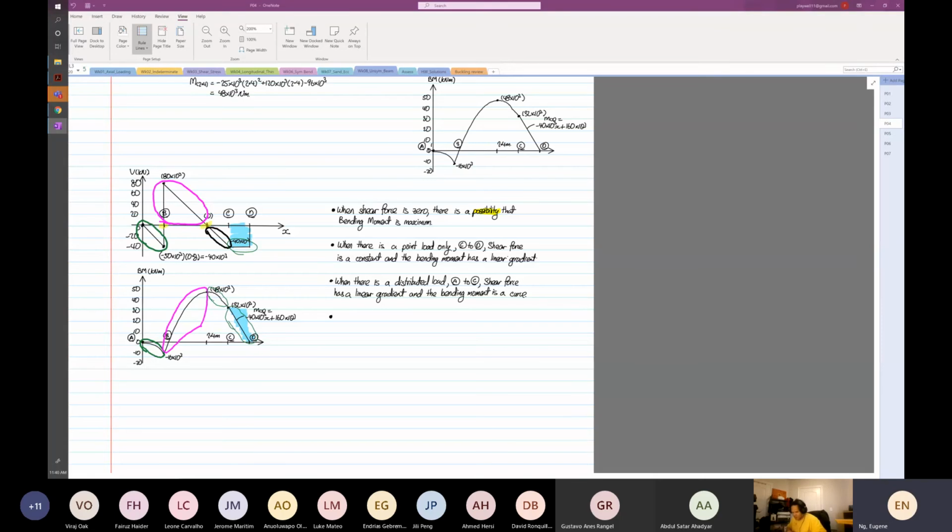So what I'm trying to tell you is this, that when the shear force magnitude is related to the bending moment slope or gradient.